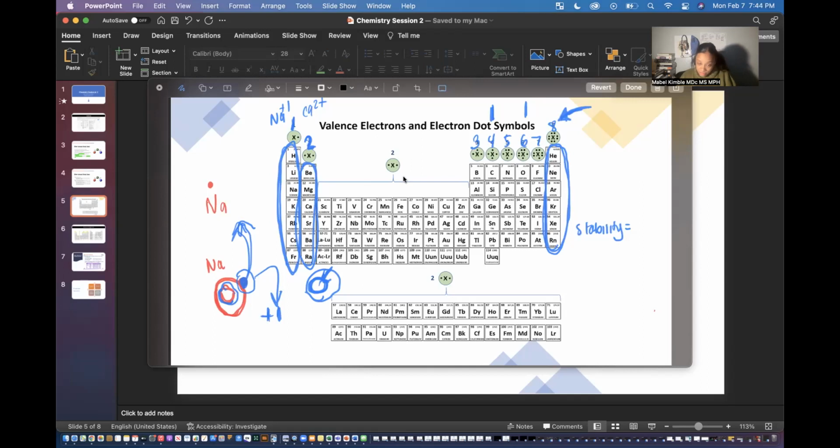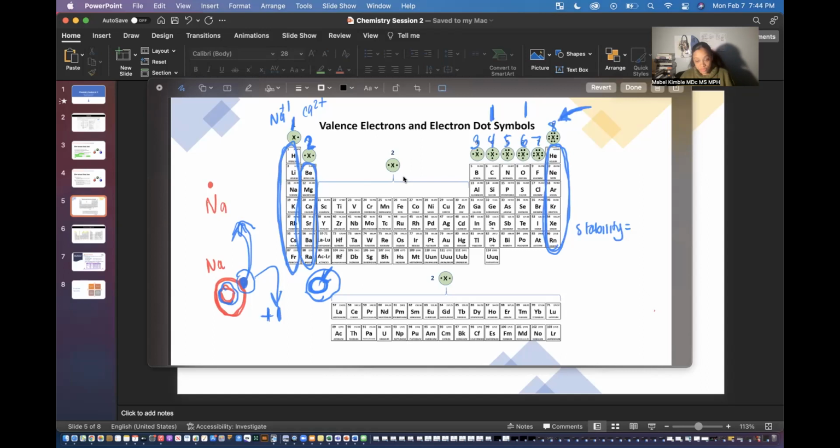Does that make sense? Yeah, that makes more sense. Okay. So again, what's the goal of an atom here? To reach an octet. And octet means what?